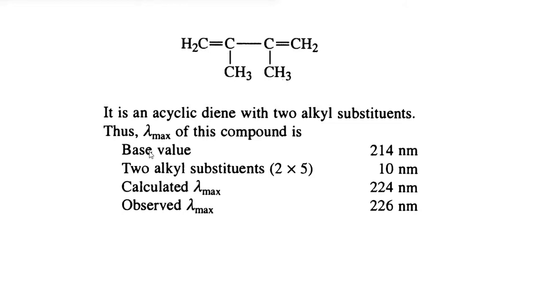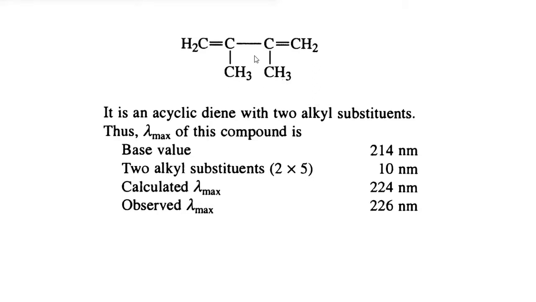So the calculation is: base value is 240 nanometer. There are 2 alkyl substituents and hence 2 into 5, that gives 10 nanometer. So the total calculated value will be 250 nanometer.